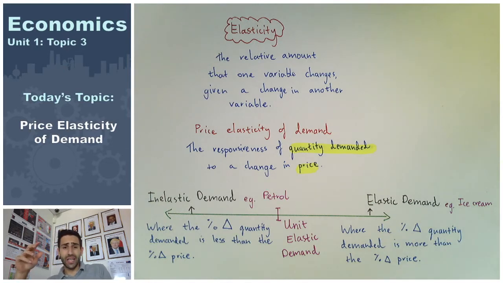I can't think of an example of anything that's unit elastic. I think it's more of a theoretical concept, but nonetheless, unit elastic, a 1% increase in price would lead to a 1% decrease in quantity demanded. It's neither inelastic nor elastic, it's unit elastic. That's the idea there.